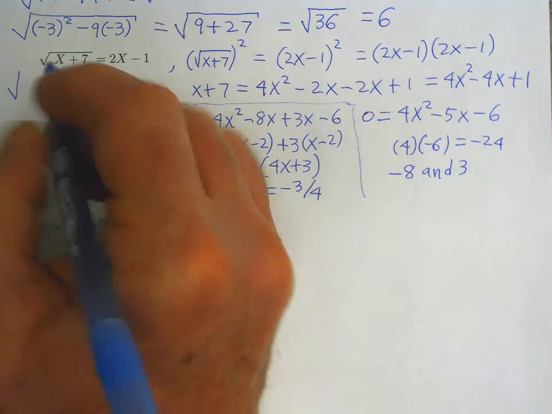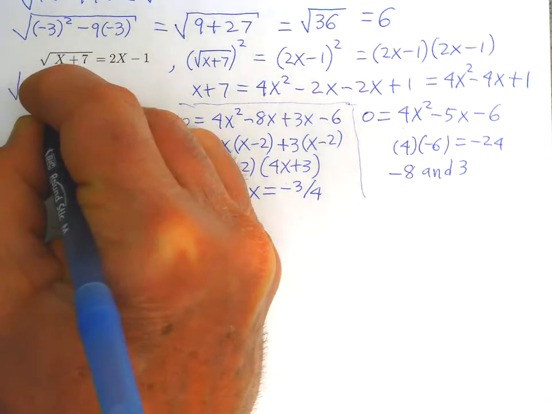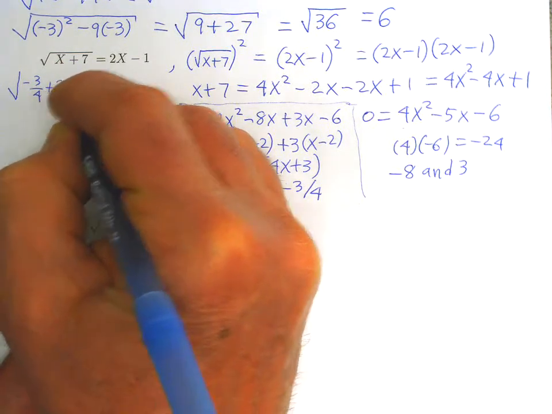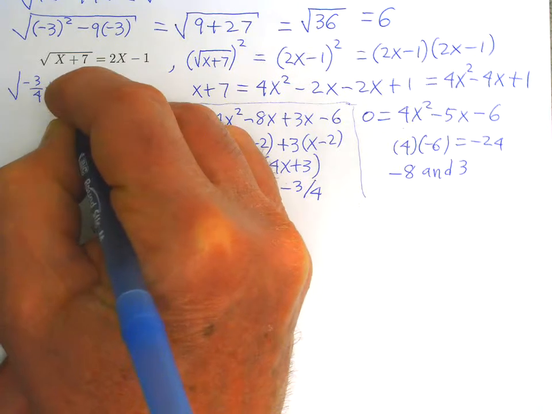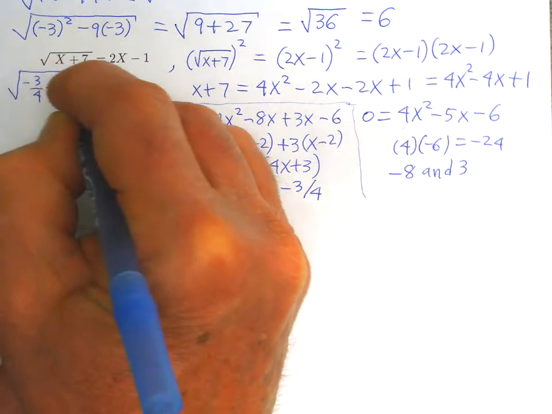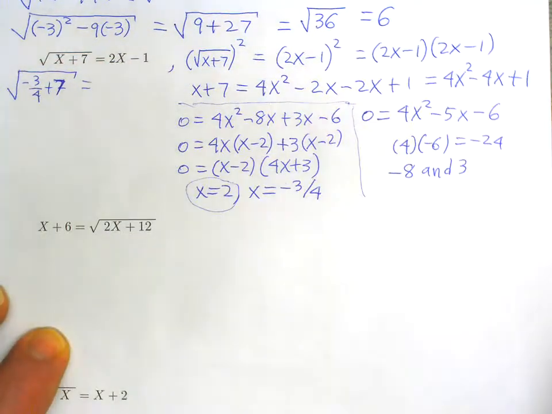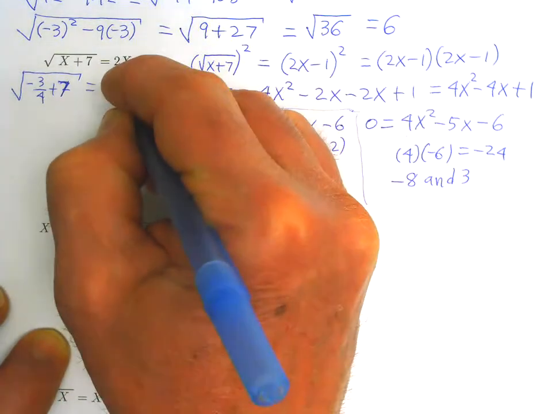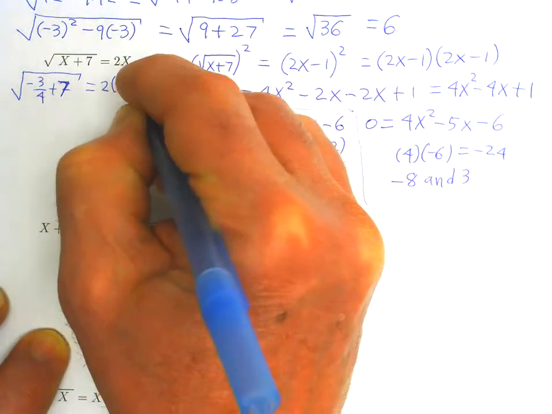If you replace every x with negative 3/4, you get the square root of negative 3/4 plus 7. And then the right-hand side, replace x with negative 3/4, we get 2 times negative 3/4 minus 1.